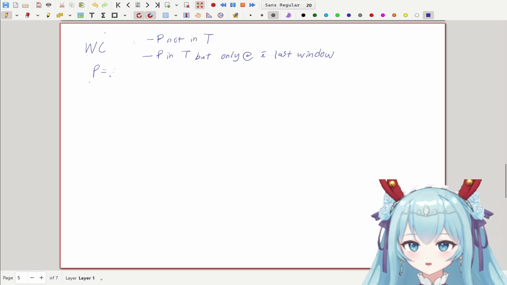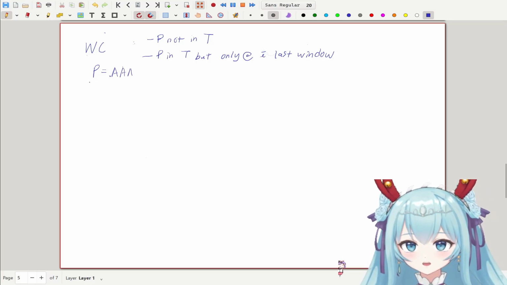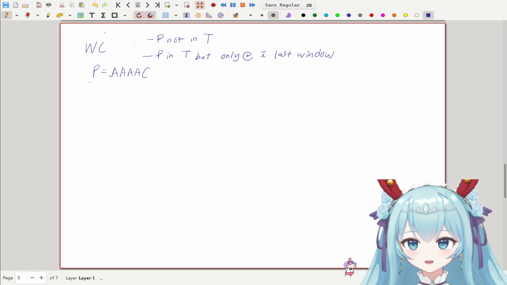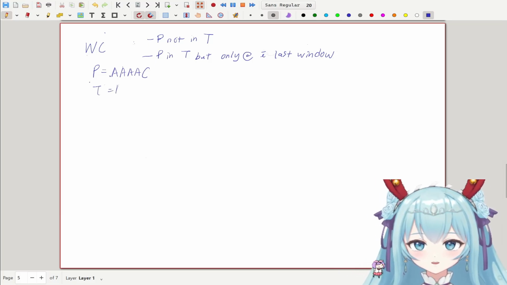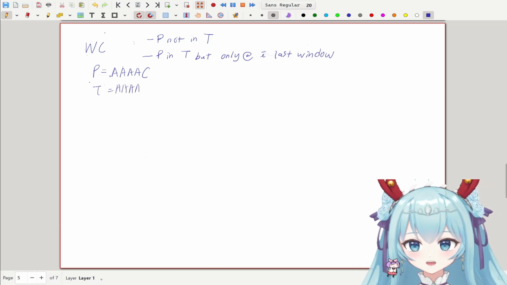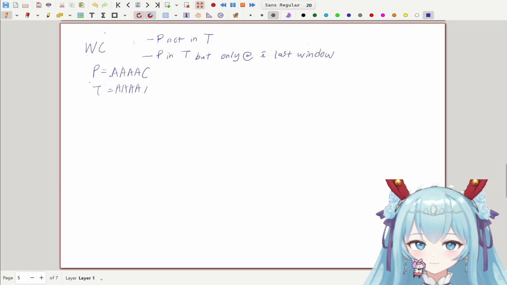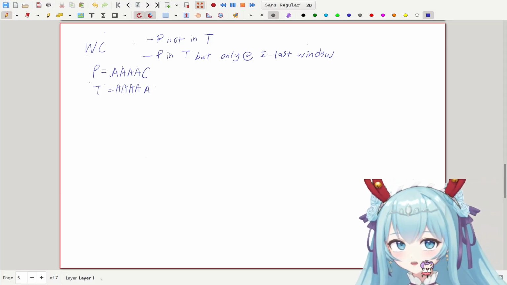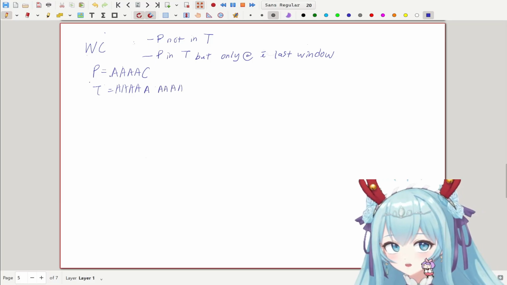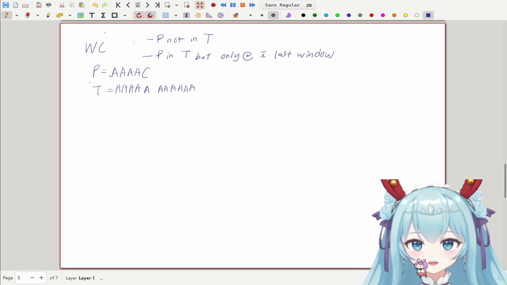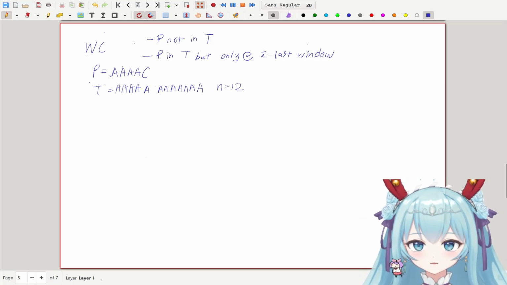Both of these cases are actually the same time complexity wise. So let's say, 5 plus 7, so N equals 12.